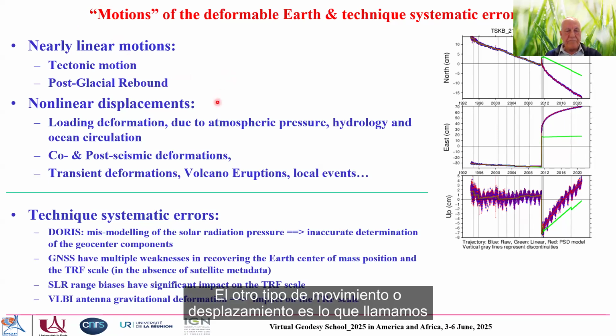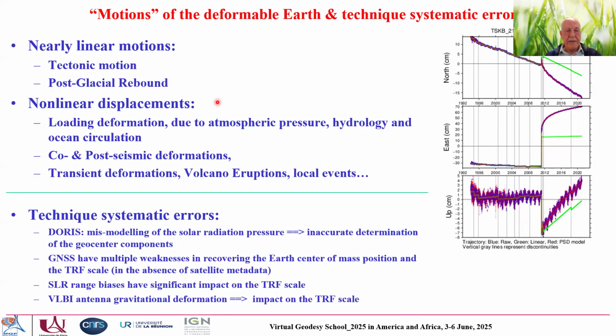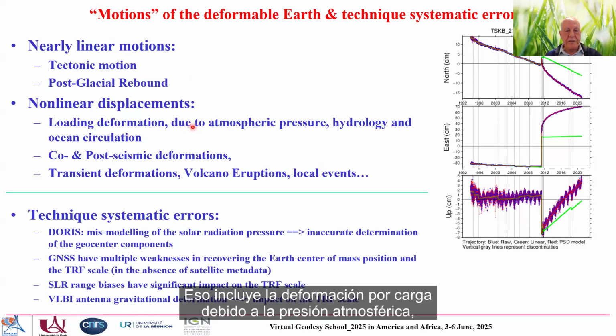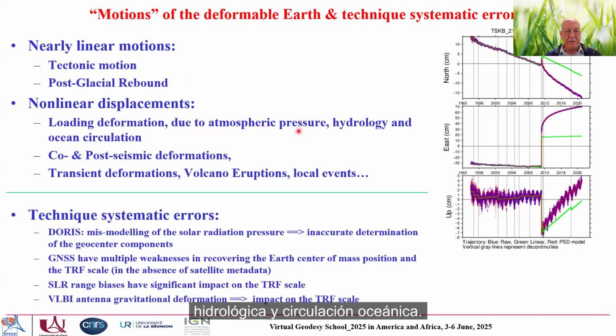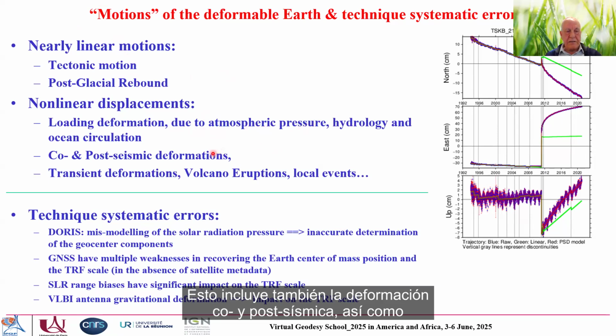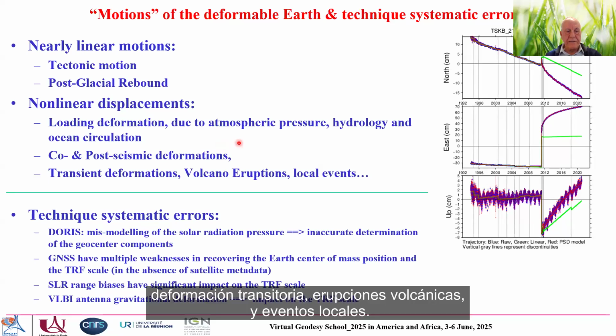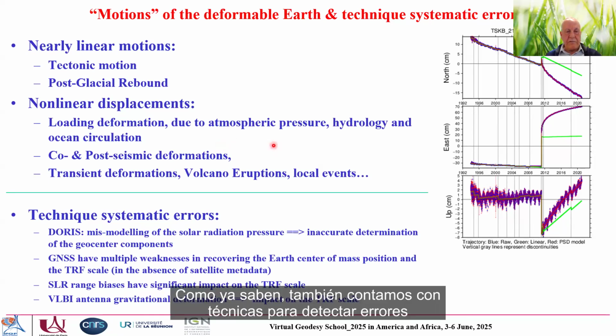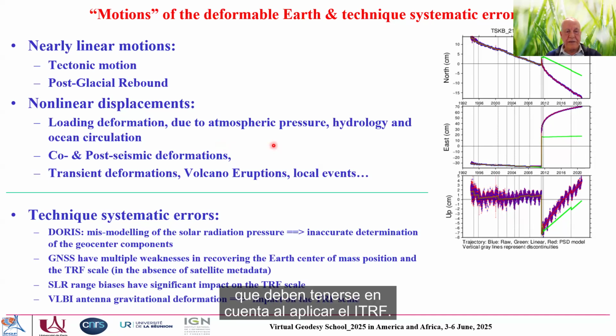And the other type of motion or displacement is what we call non-linear displacement, that includes loading deformation due to atmospheric pressure, hydrology, and ocean circulation. That includes also co- and post-seismic deformation, as well as transient deformation, volcano eruption, and local events. And we have also, as you know, technique systematic errors that should be taken into account when realizing the ITRF.